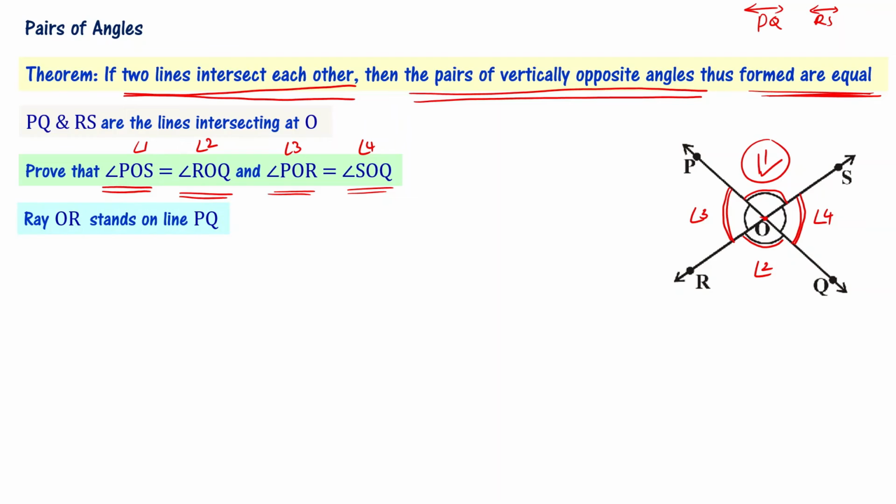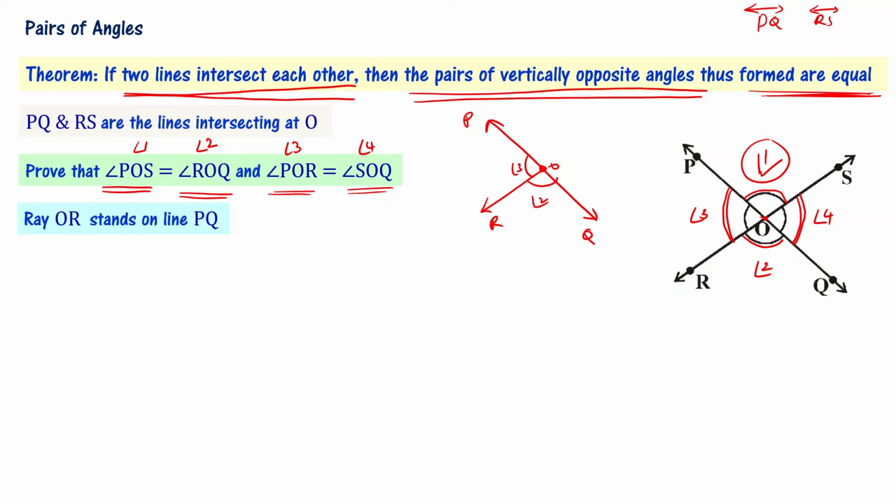Observe this. Ray OR is standing on line PQ, right? Let me draw line PQ. This is line PQ, and from point O you have a ray, that is OR. There are two angles on this line, which I'm calling angle 3 and angle 2.